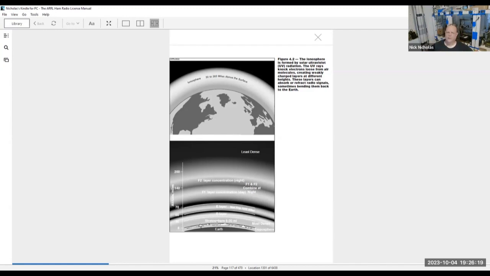We don't have enough air to breathe up there. We get up to the ionosphere, we need a spacesuit. It's an atmosphere, but it's very, very thin. It's one of the reasons why when it builds up a charge, it builds up a charge that can bounce a signal back, because it isn't a real dense layer. That also is why these denser layers cannot charge up enough to provide the signal to bounce back.